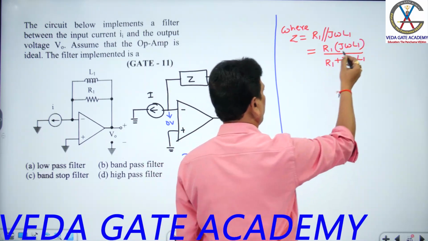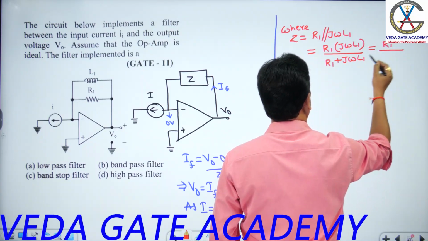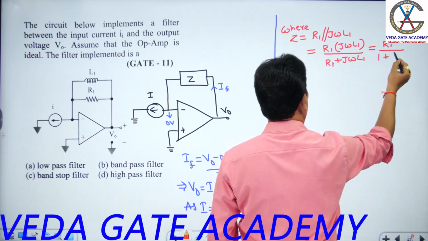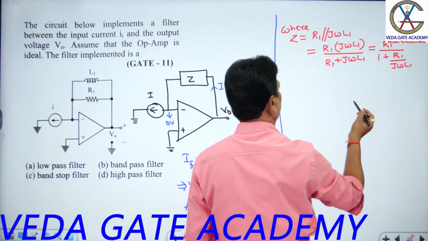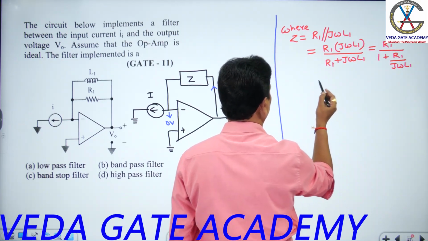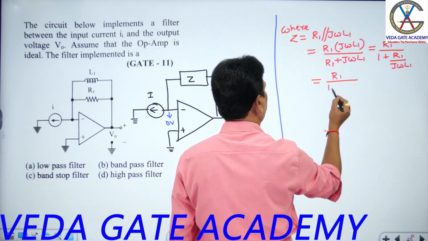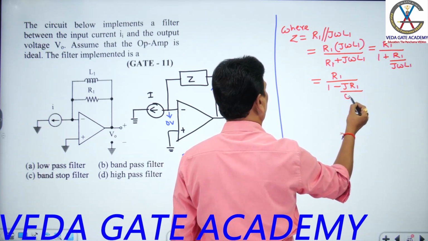If I rewrite this, dividing top and bottom by j omega L1, we get R1 divided by 1 plus R1 by j omega L1. You may write this as R1 by 1 minus j R1 by omega L1.